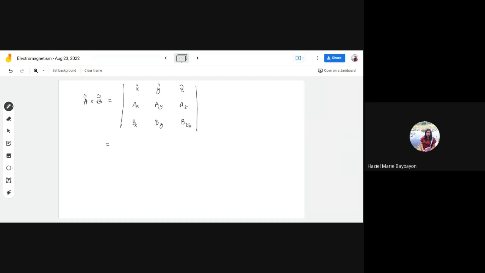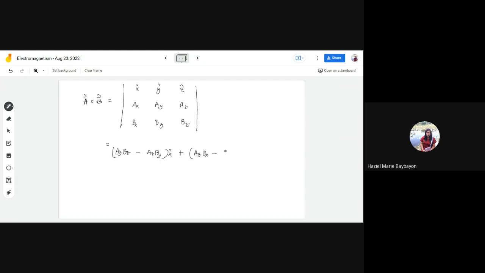Right? So you have AY BZ minus AZ BY. So this is the x component of the cross product, plus the y component, which is AZ BX minus AX BZ. Is this correct, class?